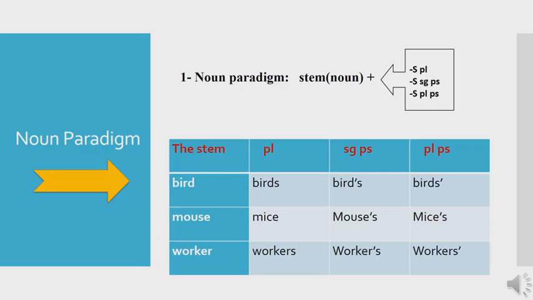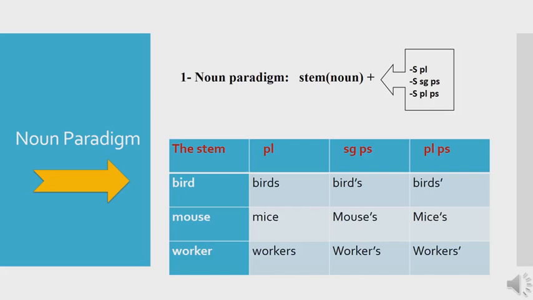Let's start with the first type of the inflectional paradigm, which is the noun paradigm. From its name, noun paradigm, it means that the stem is a noun. And the inflectional affixes that can be attached to nouns are 3 only: the S plural, the S singular possessive, and the S plural possessive.